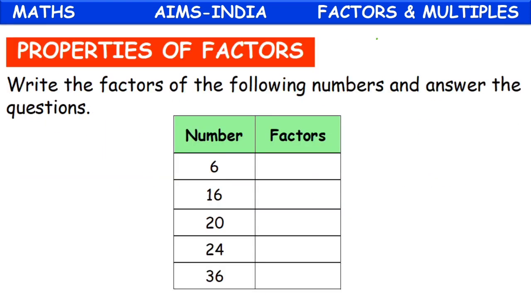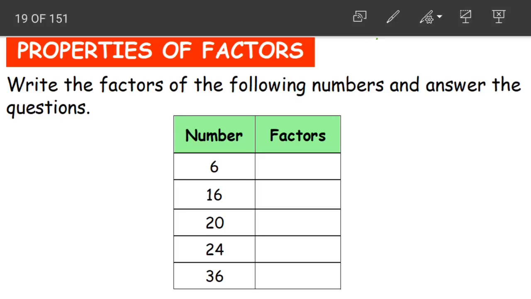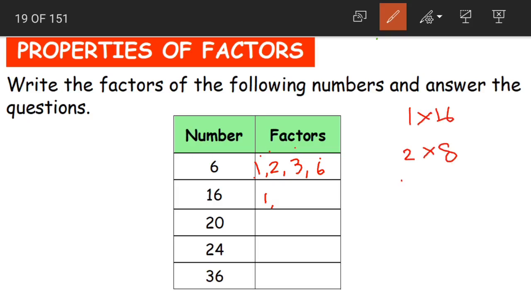Now next, properties of factors. Write the factors of the following numbers and answer the question. The factors of 6 would be 1, 2, 3 and 6. 1 6 is 6 and 2 3s are 6. Next, the factors of 16 would be 1 16 is 16, 2 8s are 16.